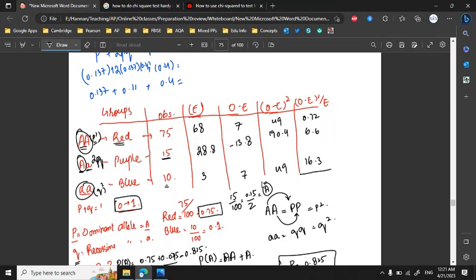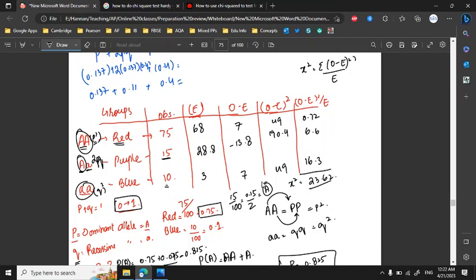Now our formula for chi-square is sigma of O minus E whole square over E. So O minus E whole square is over here, so let's find out the chi-square, that is going to be 16.3 plus 6.6 plus 0.72, it is going to be 23.62.